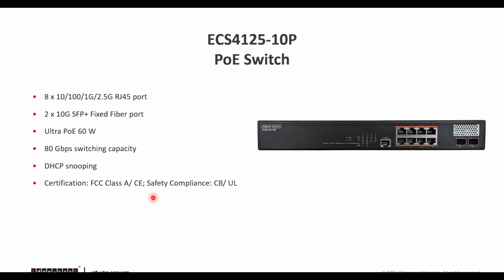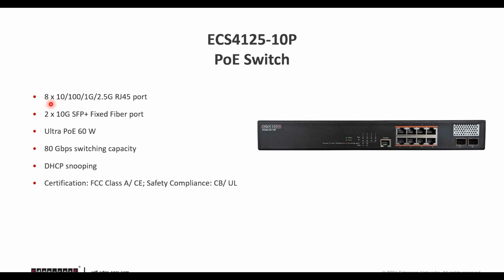And here is another PoE switch. In September this year, we will also contribute it to the TIP. Why do we contribute these two PoE switches? Because they can provide the right PoE budget and support 2.5 gigabit Ethernet for the Wi-Fi 6 products.